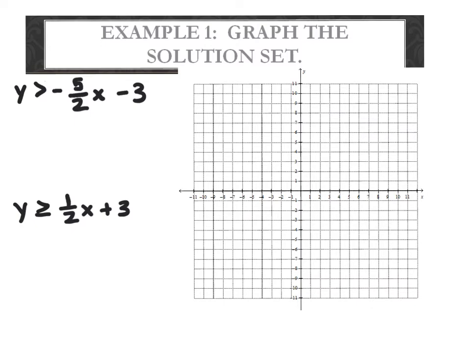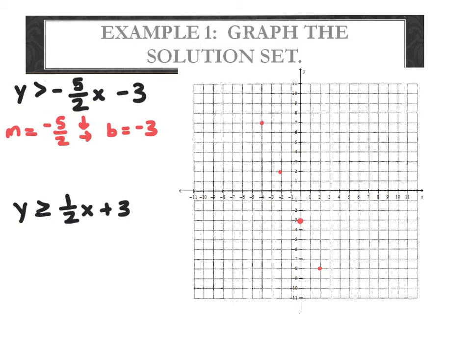In this example, we're again going to start by graphing the inequalities. So my inequality of y is greater than negative 5 halves x minus 3 has a slope of negative 5 over 2 and a y-intercept of negative 3. So I can start at negative 3, and since it's negative 5 halves, I'm going to go down 5 and right 2. And I can add in my additional points to help me with my graphing.